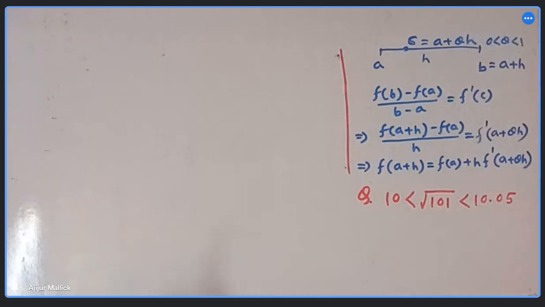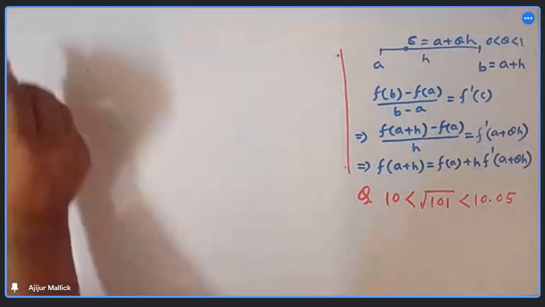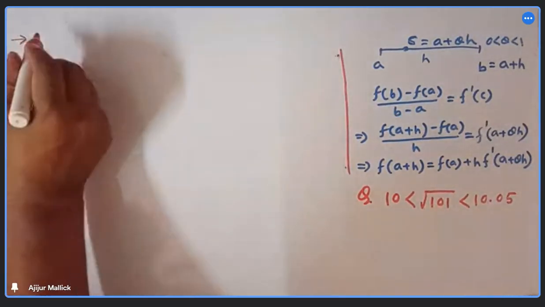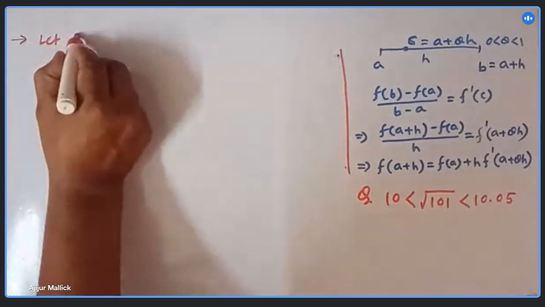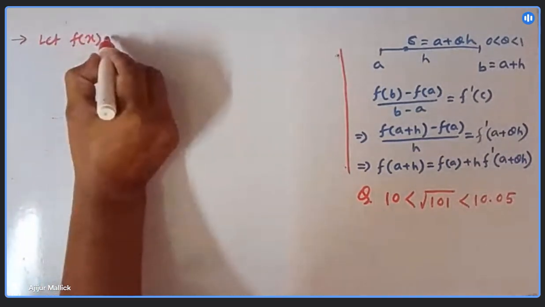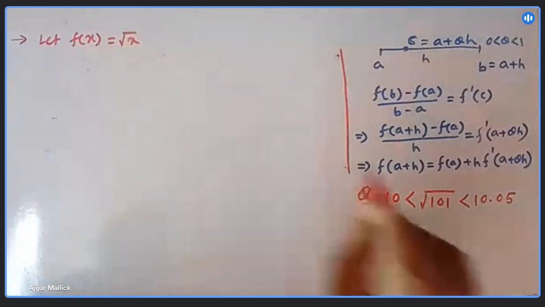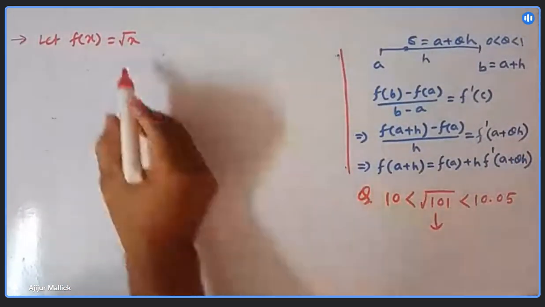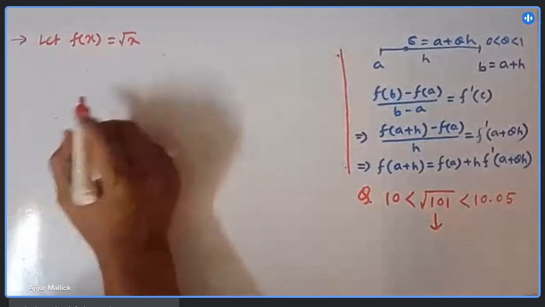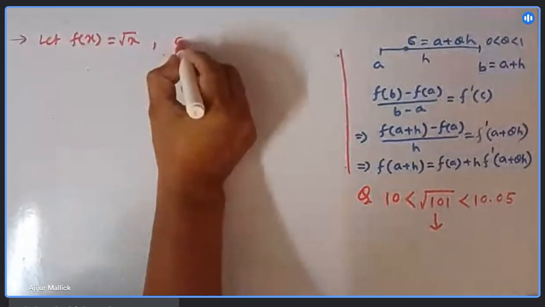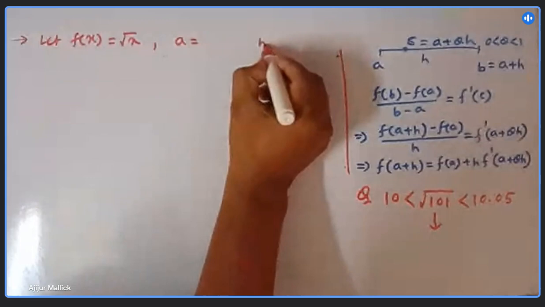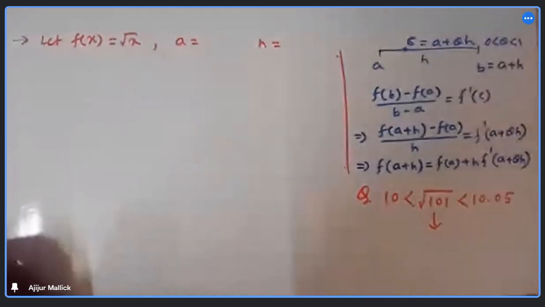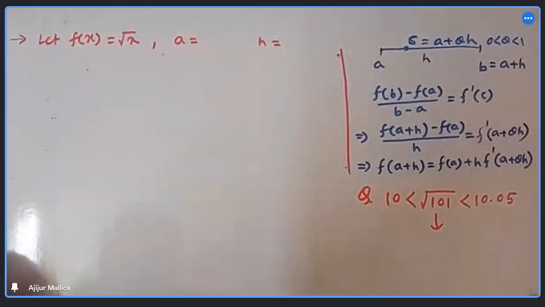Solution. Let f(x) is equal to root x. I just look at this part and then choose the function f(x) is equal to root x. Can anyone say what will be the value of a and what will be h? a will be 100.